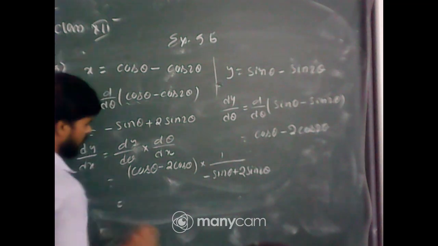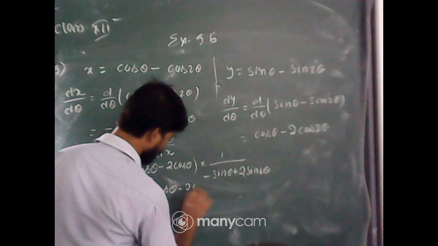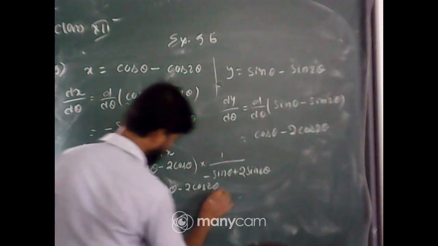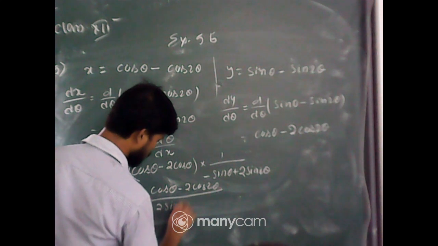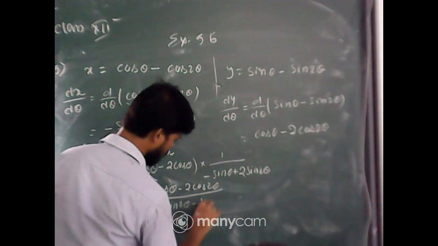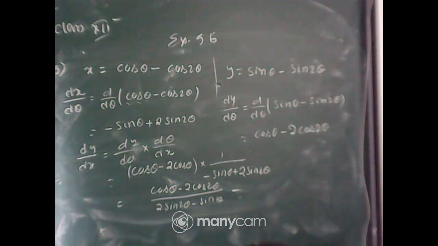That means if I rewrite the equation, it will be cos theta minus 2 cos 2 theta divided by 2 sin 2 theta minus sin theta. So this is the answer, and hence solved.